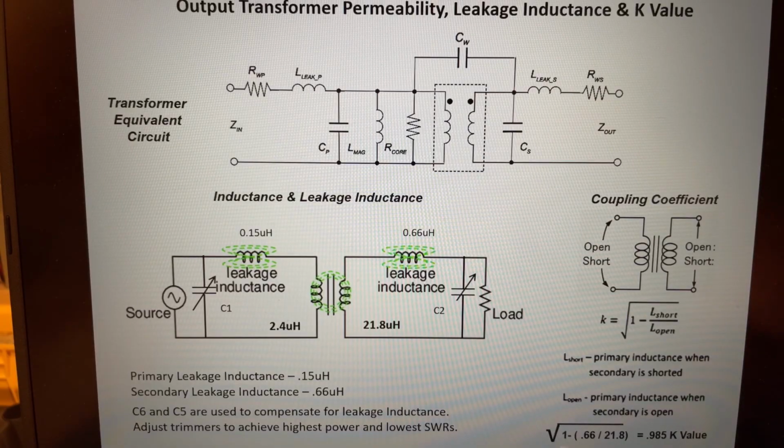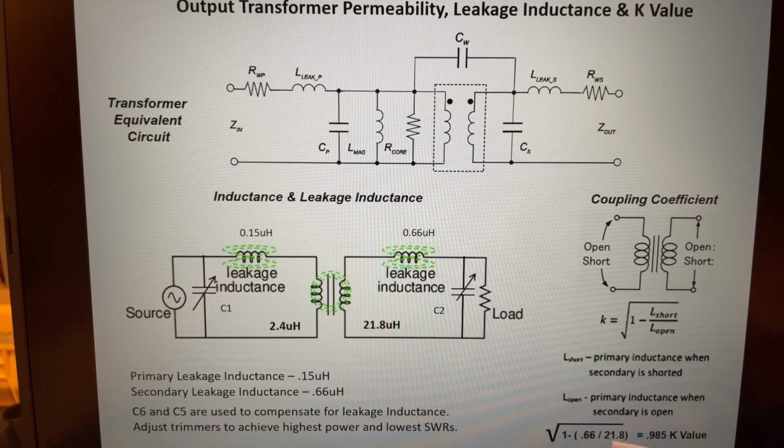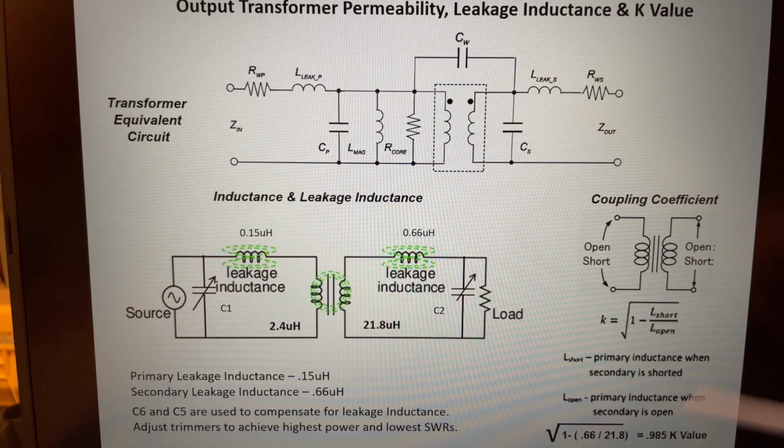So basically the square root of 1 minus the leakage inductance for the secondary over the inductance measurement for the secondary, and when I go through the math, it comes out to 0.985. So that's the coupling coefficient that LTspice needs to calculate how the transformer will perform.